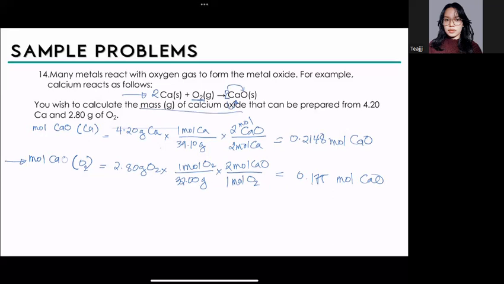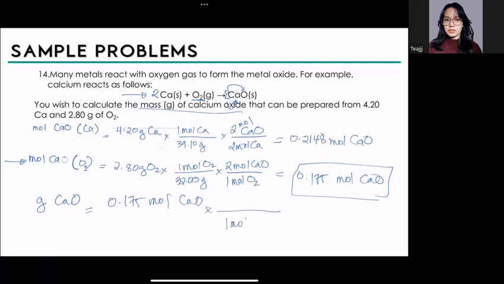Now we use this amount to calculate for the required quantity, which is mass in terms of grams of calcium oxide produced. So 0.175 moles of calcium oxide times 1 mole of calcium oxide is equivalent to 55.1 grams of calcium oxide.